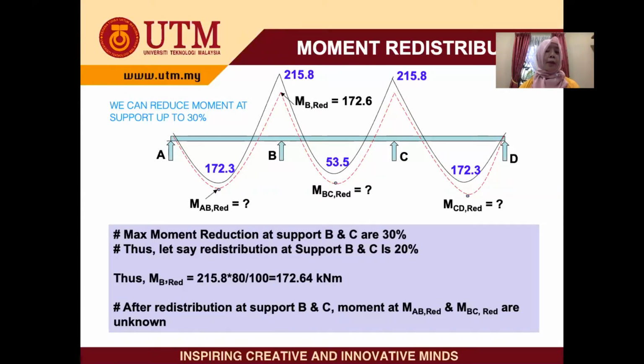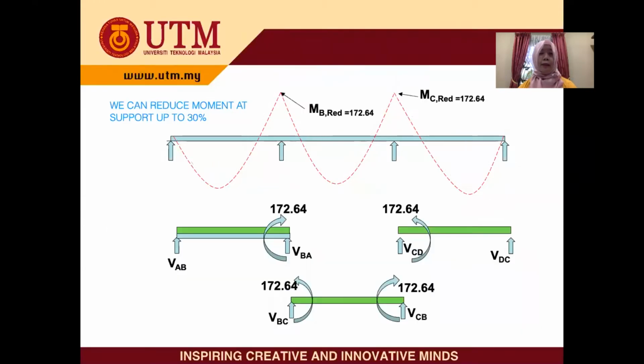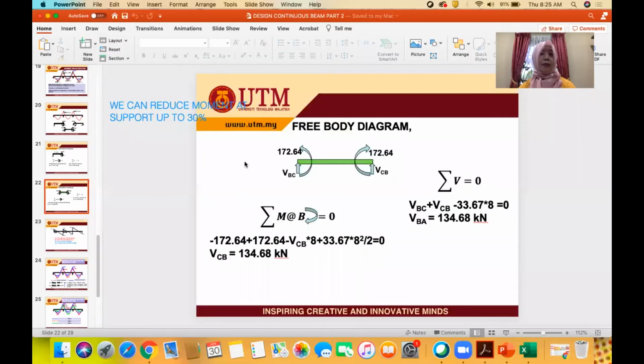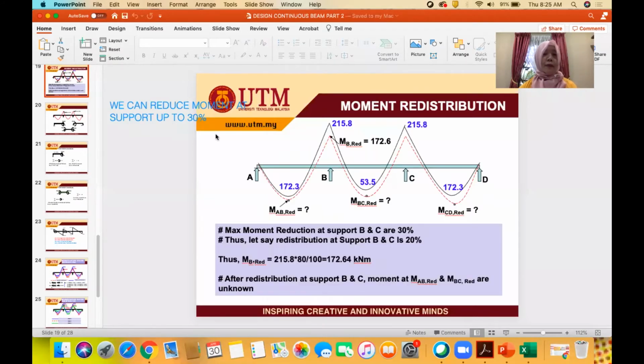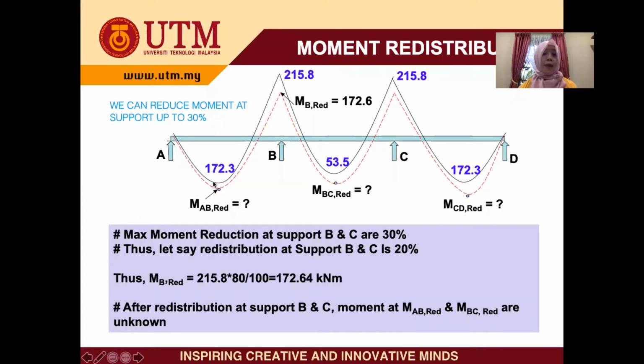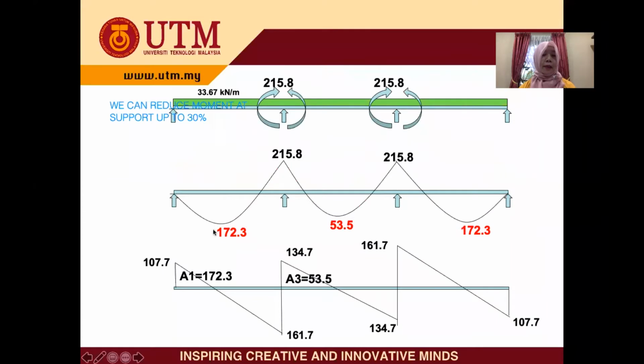Look at the moment at the AB. The important thing is that look at the moment at the span here. The original is 172.3. That is from the analysis that we have done here.